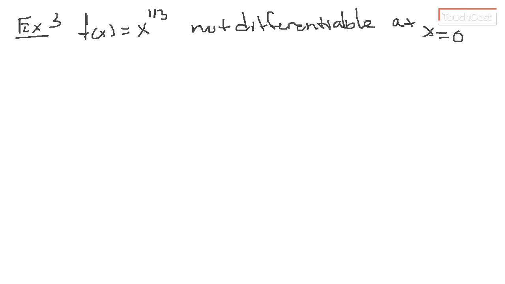We can show that by finding the derivative and setting it equal to 0, or even just putting 0 in for x. We'd see it doesn't work. It's going to give us a denominator of 0.